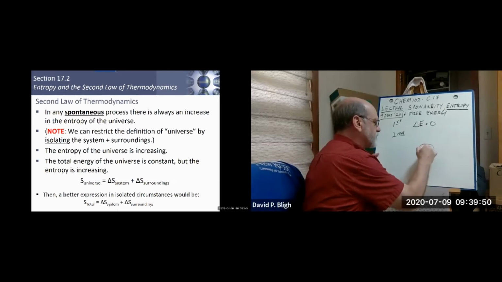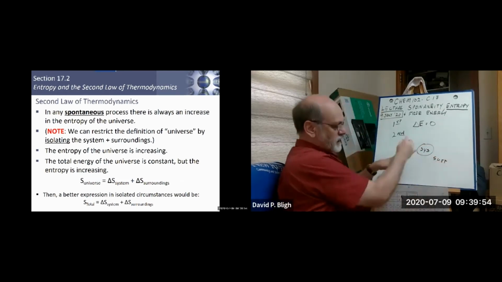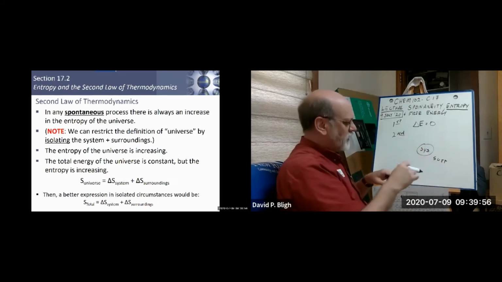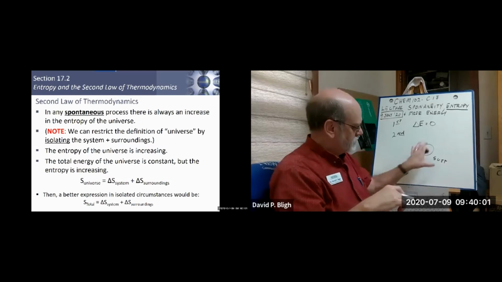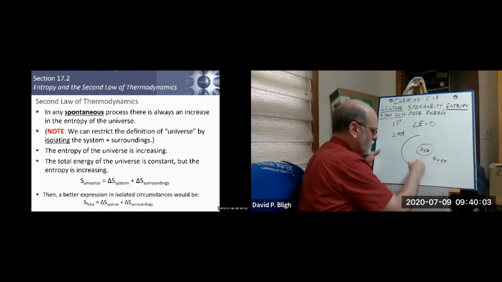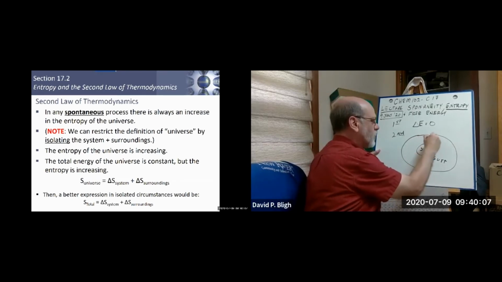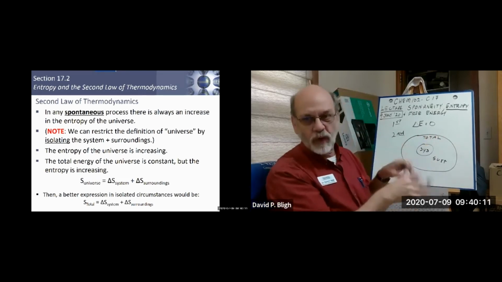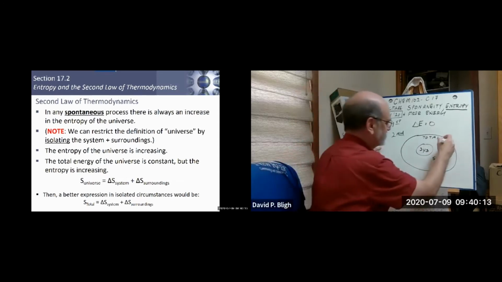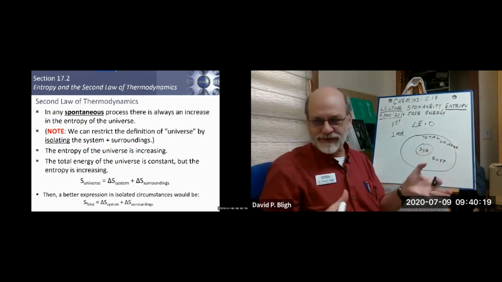We have a system, we have surroundings, right? Okay, so we've defined those. But if you isolate these two together, you have a total. Or you could call this our little universe, rather than the whole universe. See what I mean?